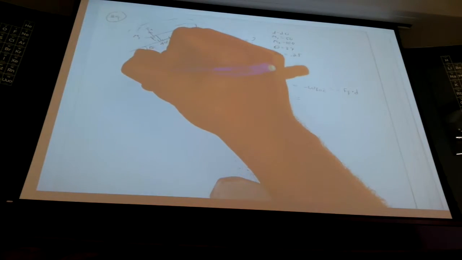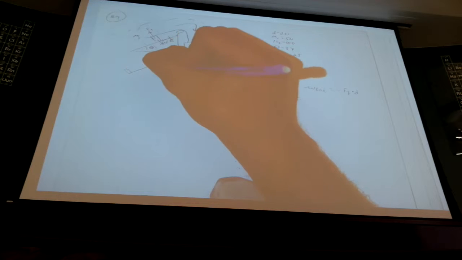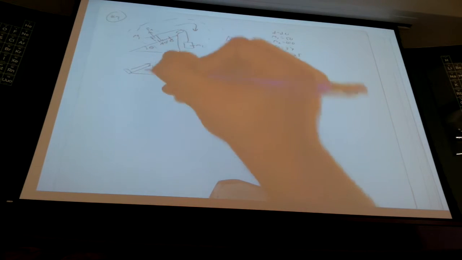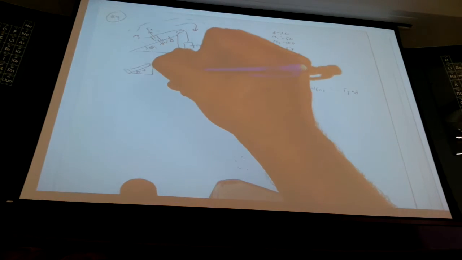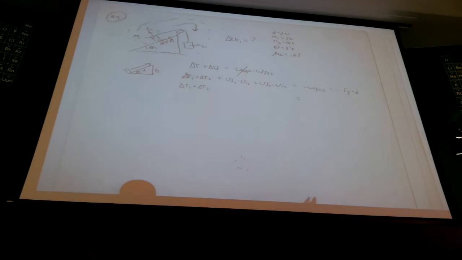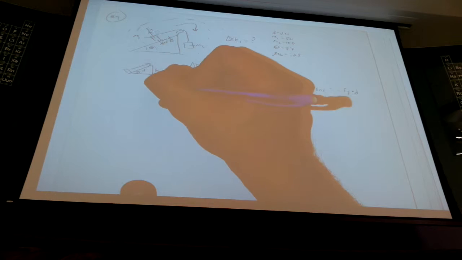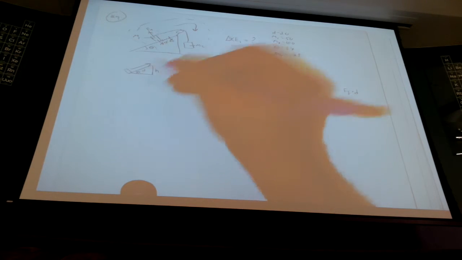Let me draw the triangle over here. This block moves up like this. This distance is d, which you know, and this is theta, which you know. So the height that it moves is just going to be d sine theta.